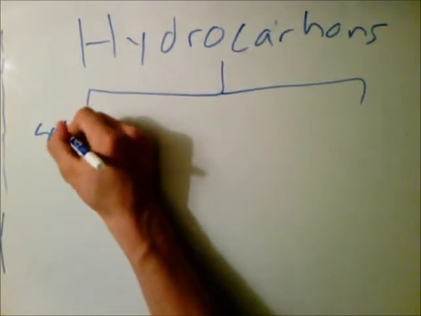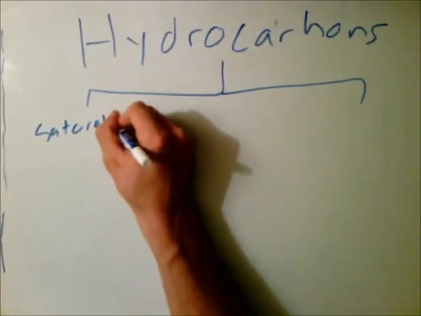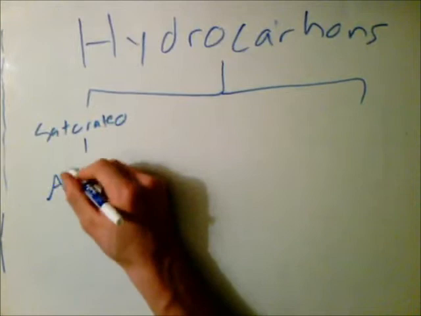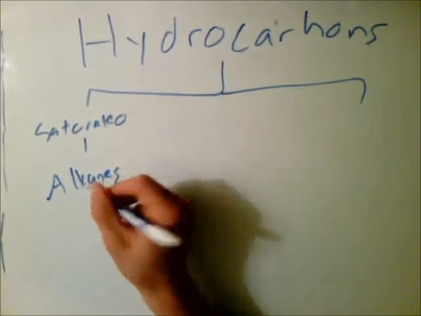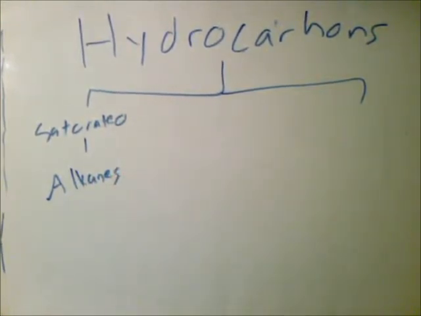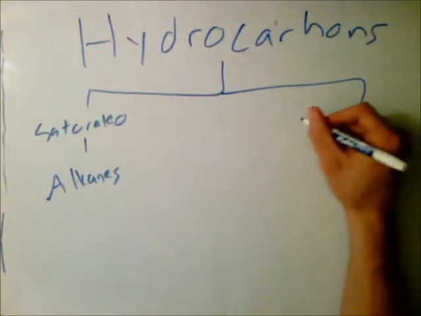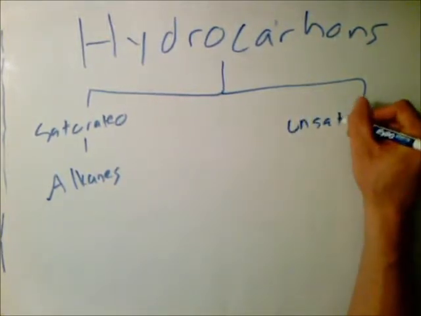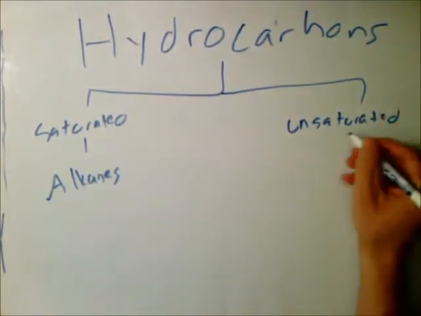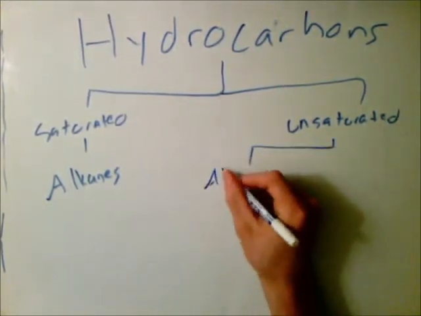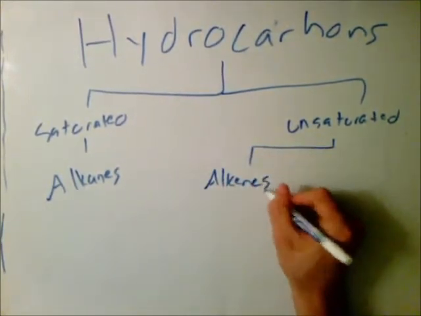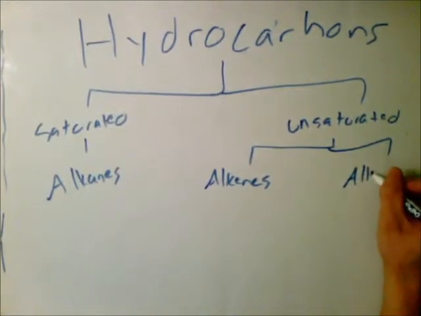We have saturated hydrocarbons, and those are just simply alkanes. Saturated meaning there's only single bonds between the carbons. And then we have, you guessed it, unsaturated, and those encompass alkenes and alkynes.